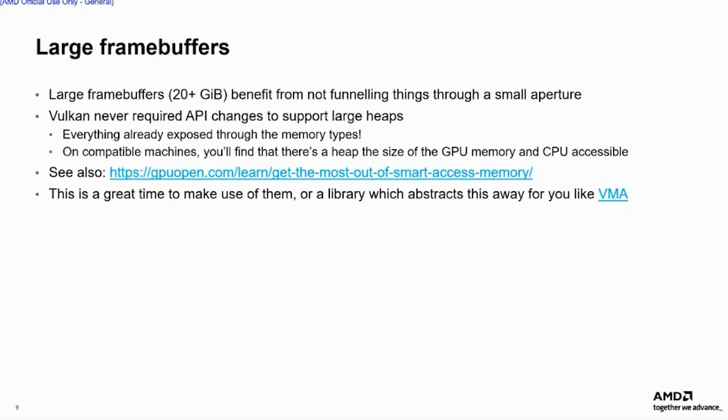You just have the right flags, and now suddenly you have a heap which says, I'm device local and CPU accessible, and I'm the size of the whole GPU memory. And there's nothing you need to do in terms of new extensions or waiting for new functionality. You just plug in a new GPU, turn this on in the BIOS, and everything works. And even better, there's middleware. If you use something like VMA, you don't even notice. It just magically works, thanks to Adam's work over there. And if you want to know how it works, just ask him, because I don't know. I just know it works.